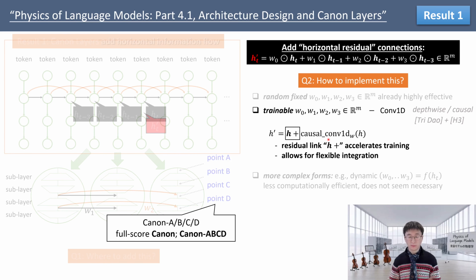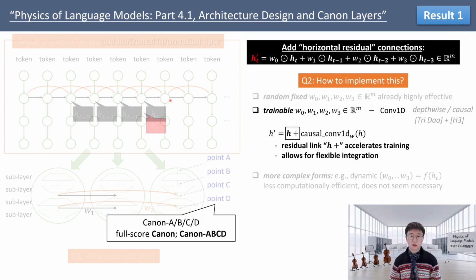But I really want to remark that, at the end of the day, Canon layers do not need to be implemented using Conv1D. Depending on whether you're using TPU or GPU, you can invent even cheaper ways to implement such horizontal information flow. What's important is that you make the information flow horizontally, instead of the specific implementation.